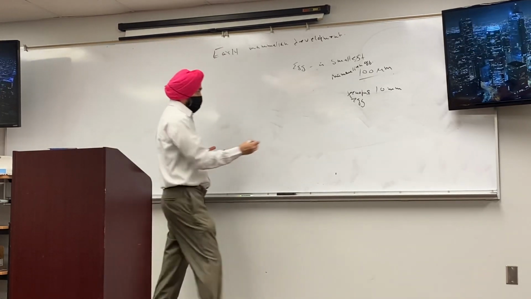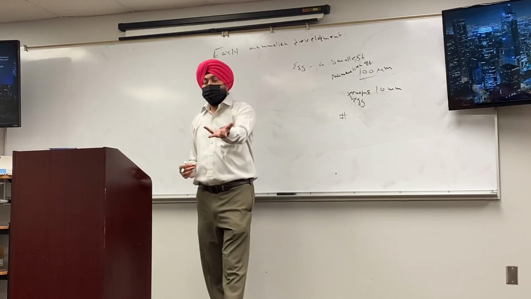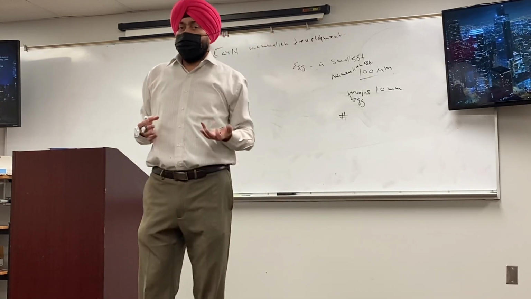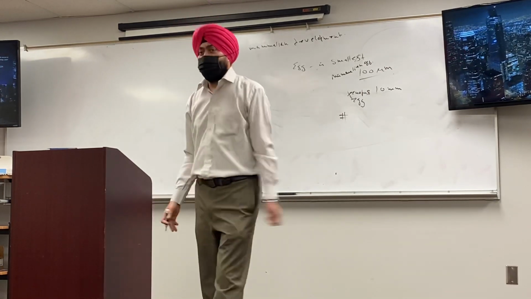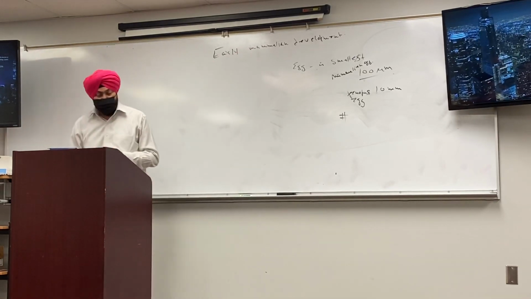Now think about the number. We said 5 to 7 primordial follicles start growing out. So if you do artificial ovulation also, you cannot get more than 10, 12 eggs at one time. So that's also a difficulty in studying.